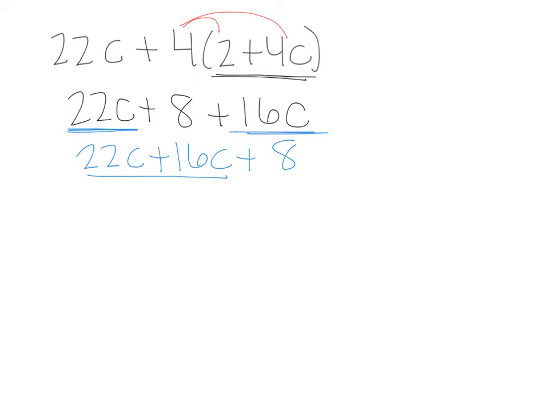We also talked about that as you get more comfortable, you may not need that step of rewriting them, but for right now, since we're just starting out, it does help to write your like terms together so that you can keep straight what you're trying to work out. So we would add 22c plus 16c. We would end up with 38c plus 8. 38c and 8 are not like terms, and so we would leave this as our simplified expression.